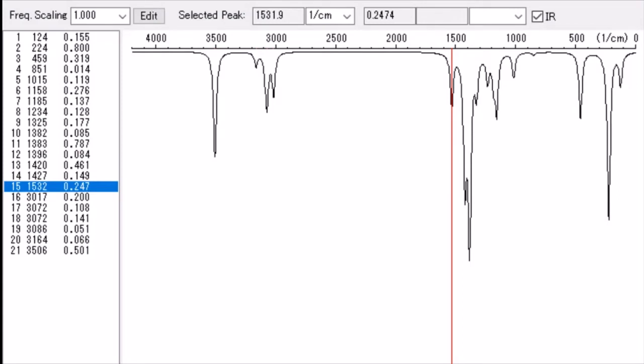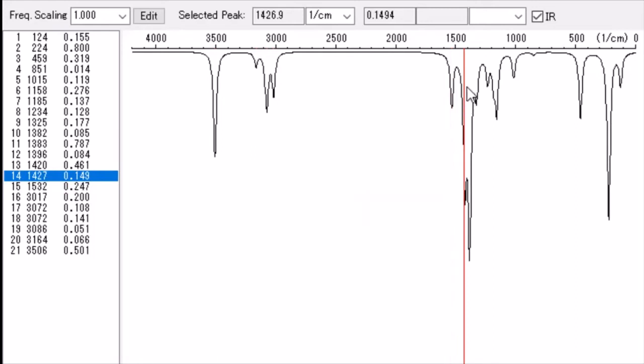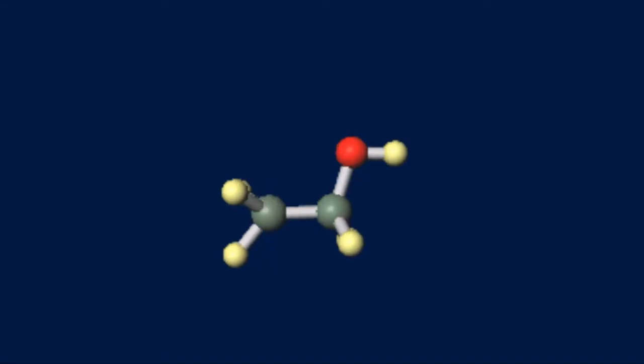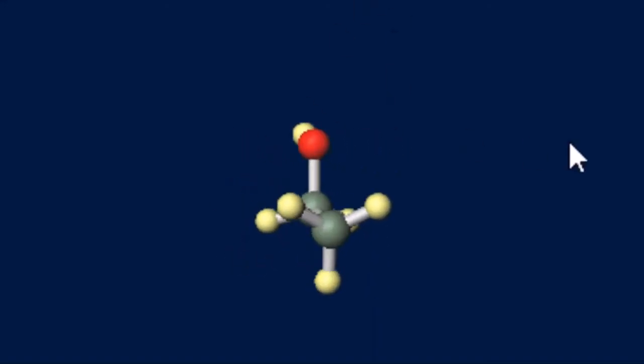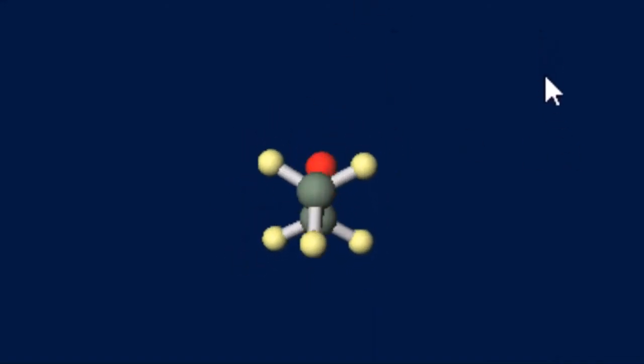To discuss the next, adjacent peak, we shall see this peak, especially this peak. You can see here, this is the vibration corresponding to that peak in ethanol, right? In which direction?